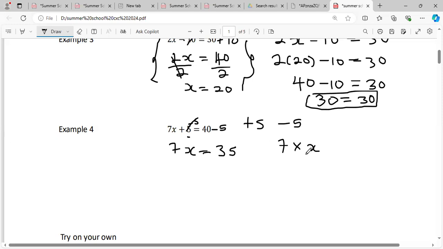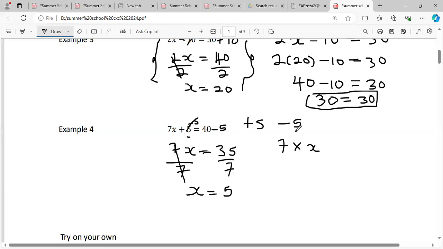So since we times by 7, we're going to divide by 7. In maths, we just draw the line for divide. So x is equal to 35 divided by 7, which is 5. So the value of x is 5.